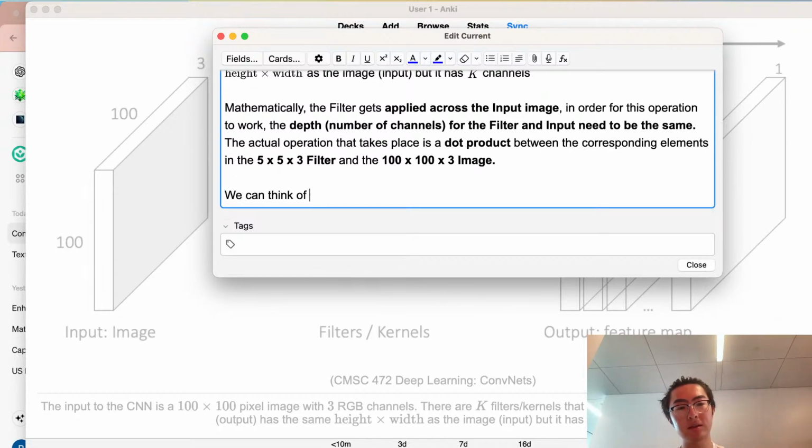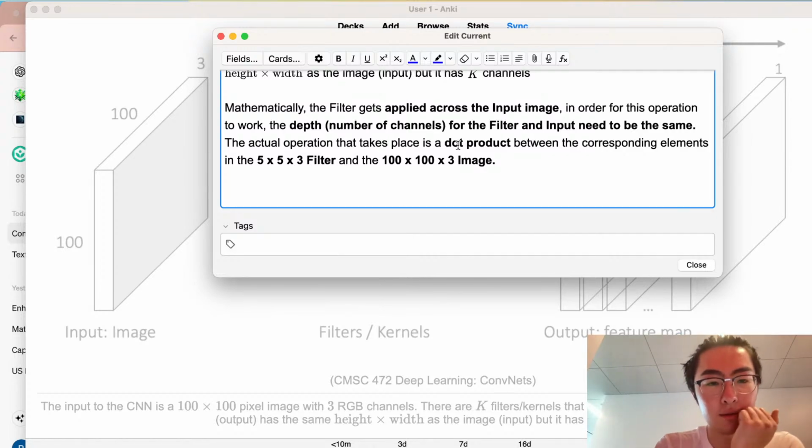Can think of this operation as multiplying between the corresponding elements.